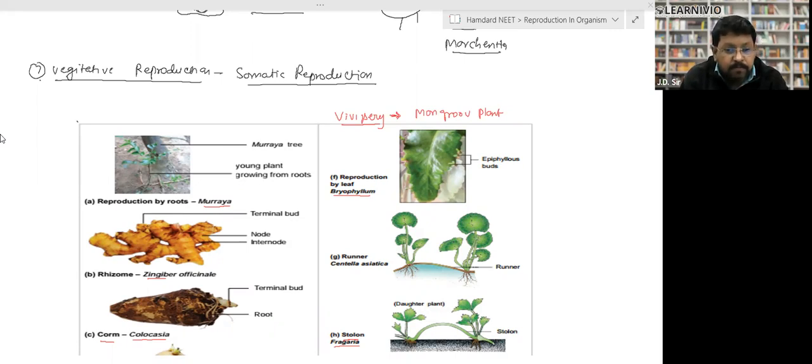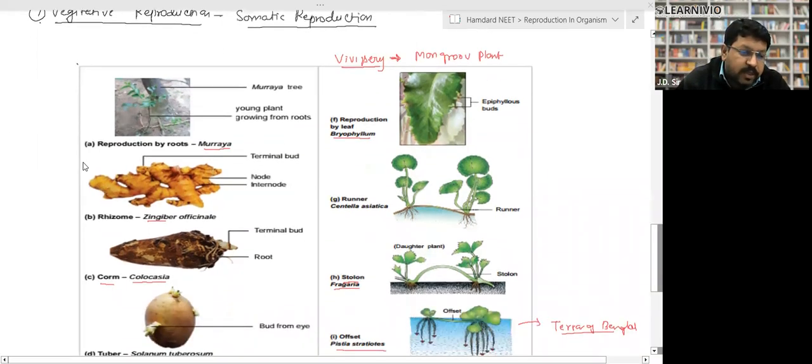For example, now you can see how the reproduction takes place, right? Kind of the vegetative reproduction, first you can put the example. Look, you can take the example of rhizome, right? Ginger.